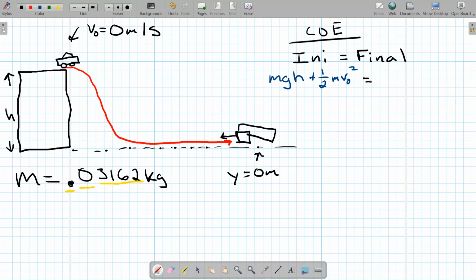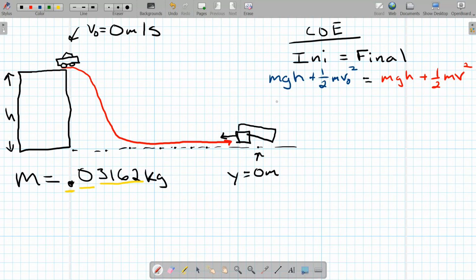Then my final energy will be the same thing. How much potential energy will I have? Plus 1/2 times the mass of the car times the final velocity squared. Okay?